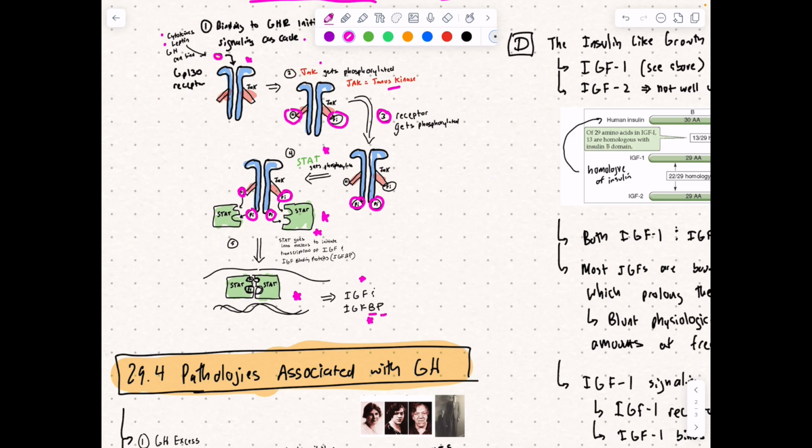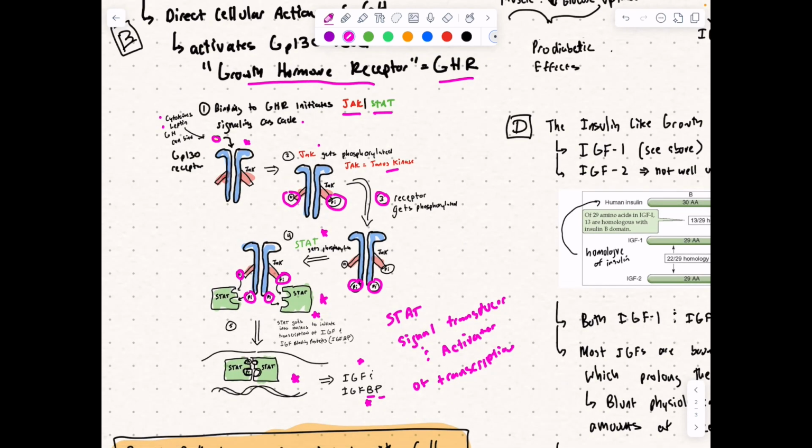All right, but STAT stands for signal transducer and activator of transcription. All right, so basically what this is just saying is growth hormone binds the receptor. There's a JAK and STAT signaling cascade, and the end result is that you have IGF and IGF binding protein being produced.